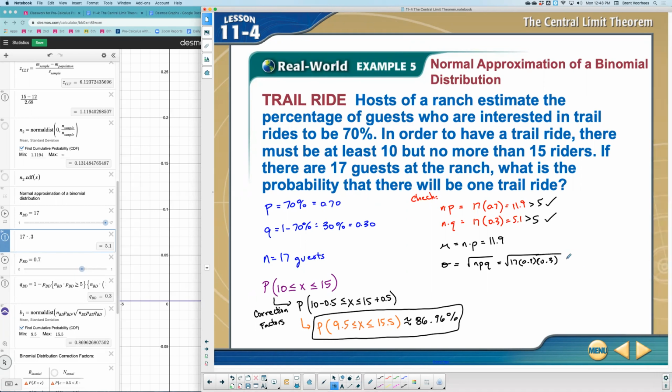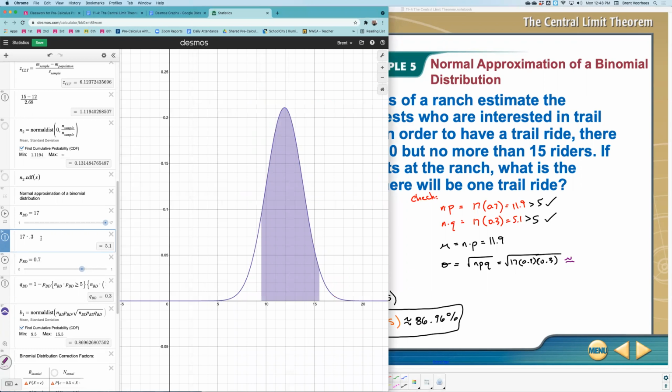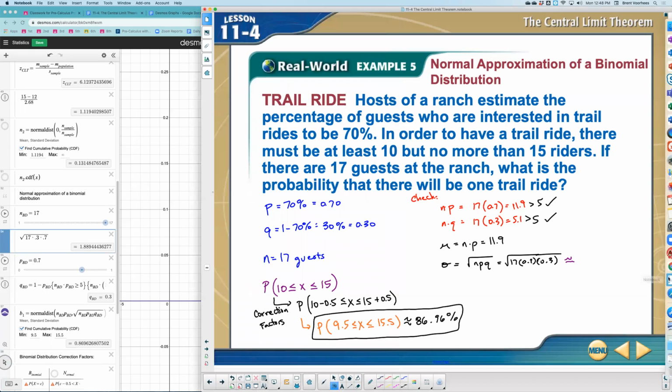And let's see what this value is. This is our standard deviation. If I want to know the square root of 17 times 0.3 times 0.7, the order doesn't matter when you multiply, the commutative property there. We get 1.889. That's our standard deviation.